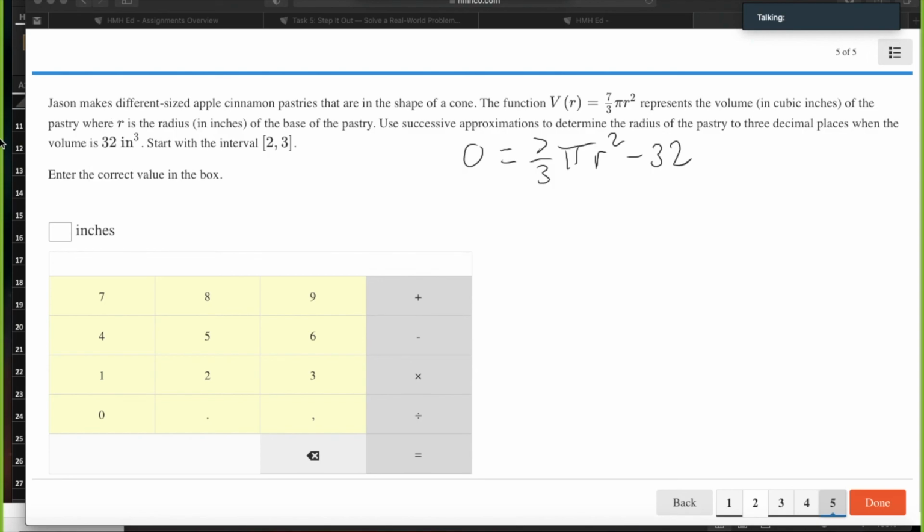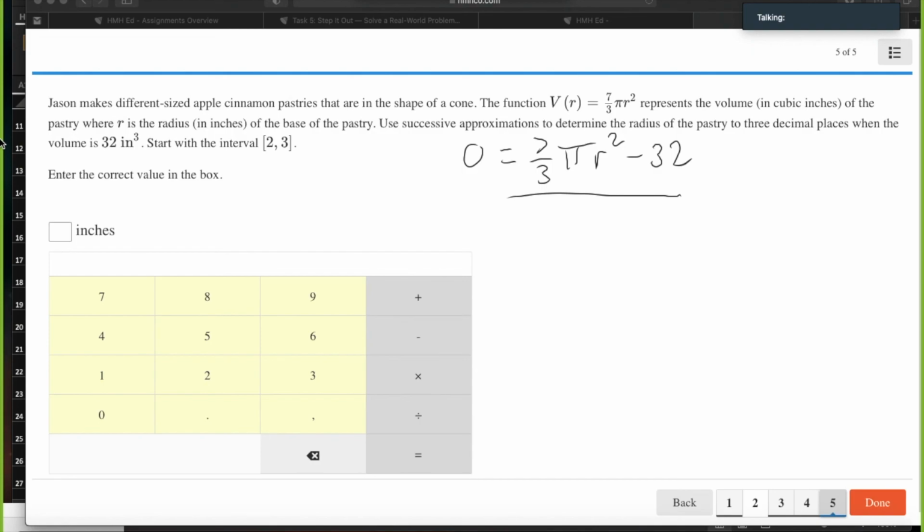So at this point, I'm going to do this on my calculator, just because that's how I assume most of you would end up doing it as well. So I'm going to the top left corner, the y equals button, and then I'm going to type this equation in.